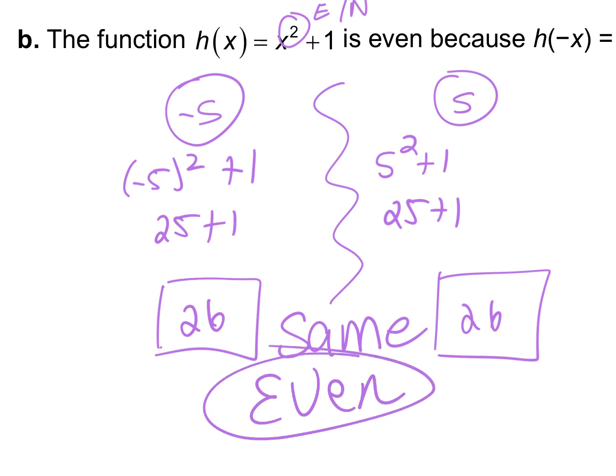Now I started off here with an x squared, yes? So the only two options for x squared is even or neither. So say I worked this problem out and I came out with negative 26 and positive 26. Are those the same? No. Are they opposites of each other? Yes. Would you then say, oh wait, maybe it's an odd function?